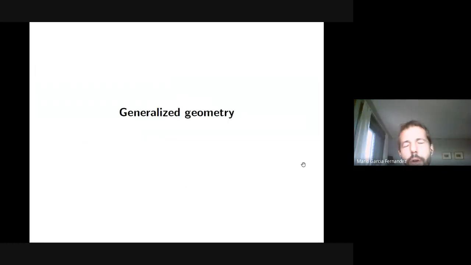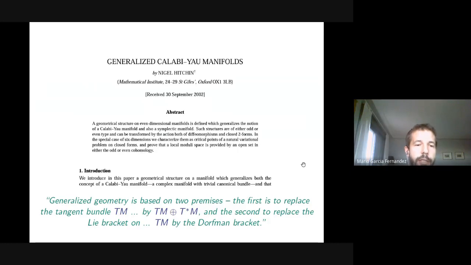Okay, so let me move on and show you some natural geometric framework in which generalized Ricci flow has its natural life. So far I just motivated the flow by talking about the physics of two-dimensional sigma models, but actually generalized Ricci flow has a very natural meaning in the theory of generalized geometry by Nigel Hitchin.